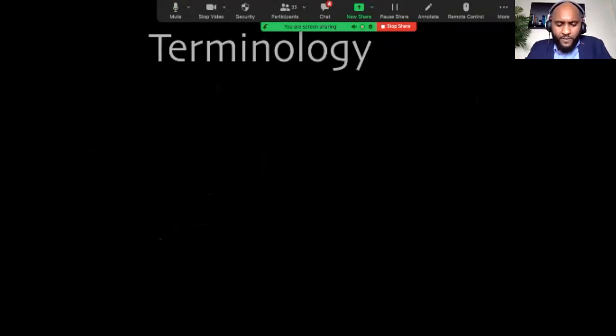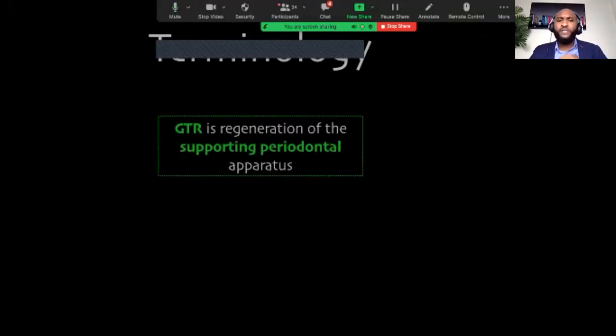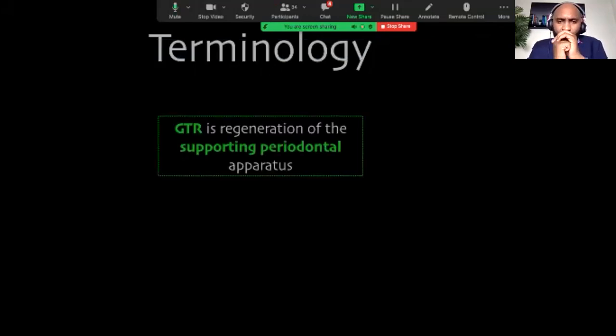There are two terms that I find clinicians commonly interchanging, and I find it a misnomer. There is guided tissue regeneration and there is guided bone regeneration. Now, guided tissue regeneration is mainly done around the teeth because the intention is to regenerate the supporting periodontal apparatus.